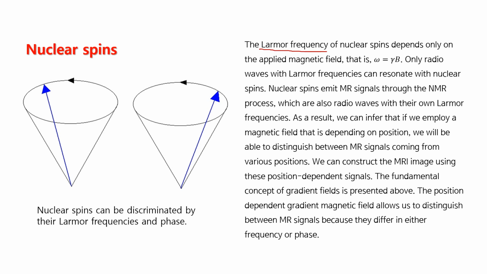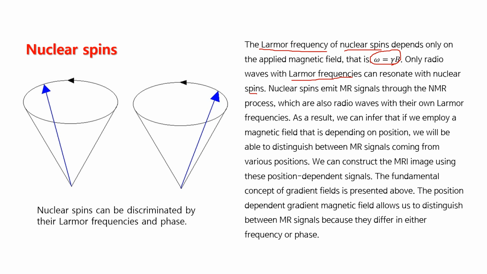The Larmor frequency of nuclear spins depends on the applied magnetic field, that is, omega equals gamma B. Only radio waves with the Larmor frequencies can resonate with nuclear spins.